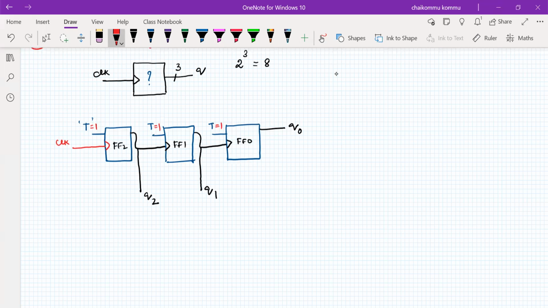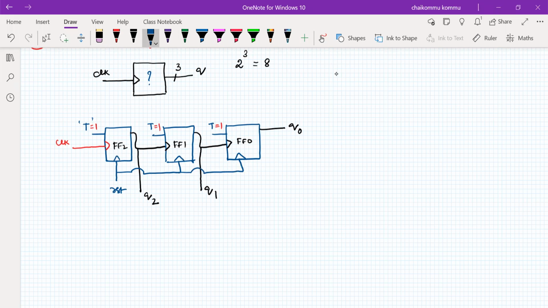We don't actually know what content is available in the flip-flops. If you are not using the RST signal, the contents of the flip-flops are unknown, and whenever you increment, the result will be unknown. That's the reason why it is better to consider the reset signal as well. All the flip-flops have a reset signal. With the help of the reset signal, I am going to clear the content of all the flip-flops first.